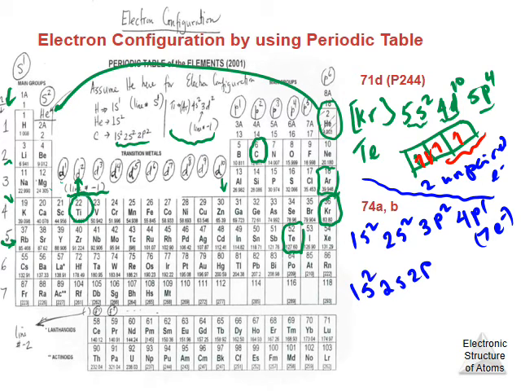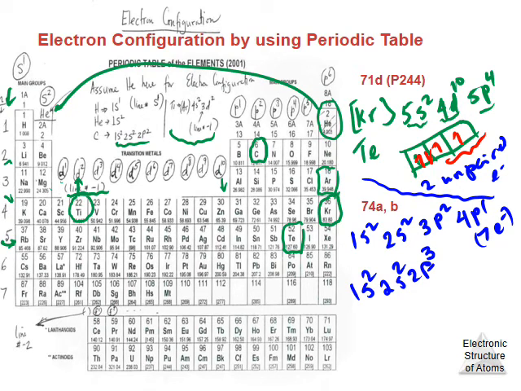So 1s2, 2s2, p can have a total of 6 electrons because there are 3 orbitals. I don't have that many electrons, so I need only space for 3 electrons. So that makes 7 electrons. 1s2, 2s2, 2p3.